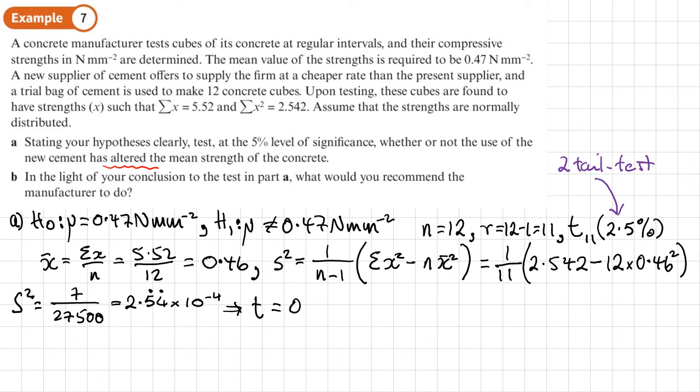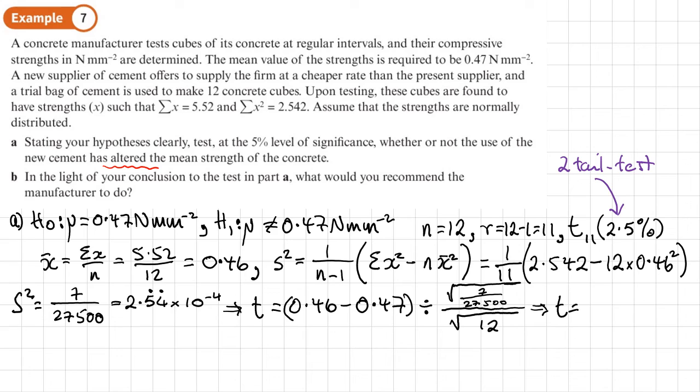So 0.46 minus 0.47 divided by, and this will be the square root of 7 over 27,500, divided by the square root of n, which is 12. Let's see what that gives us for t. Right, so I get minus 2.17124 and so on.